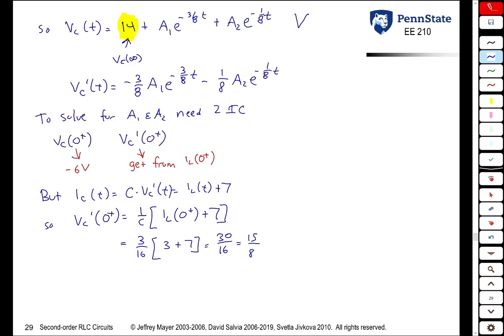We now have our two initial conditions. So we can solve for A1 and A2 by plugging in these initial conditions into the equation here and here. So let's do that next.